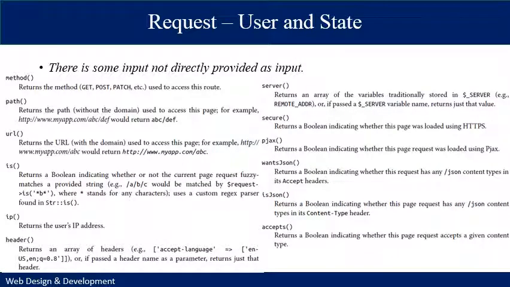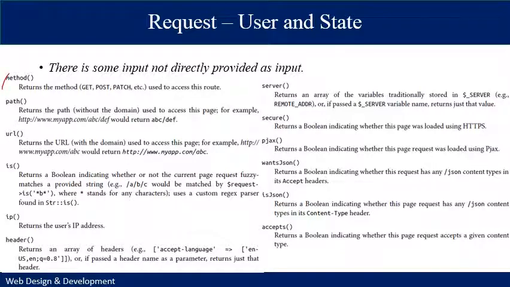So there is some input that is not directly provided from the forms, which can also be part of the request object, and it represents the state and the user information of your application. One of the simplest methods, which we discussed in the previous lecture, is the method of the request object.